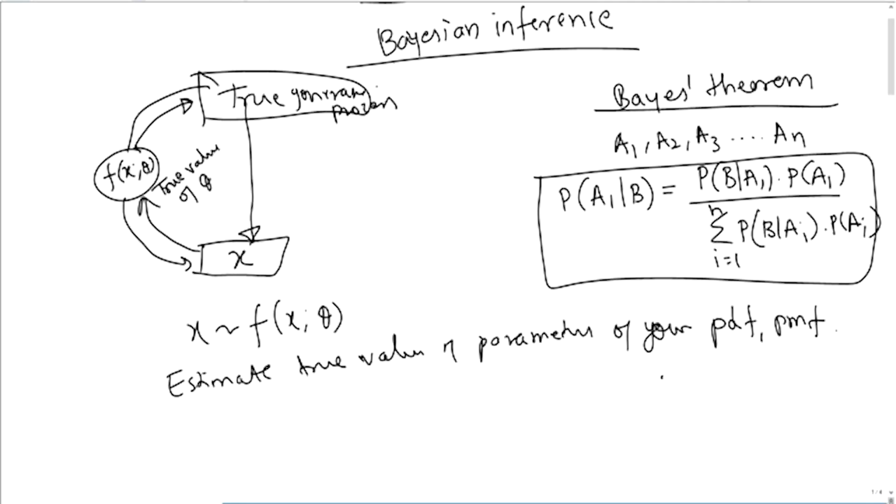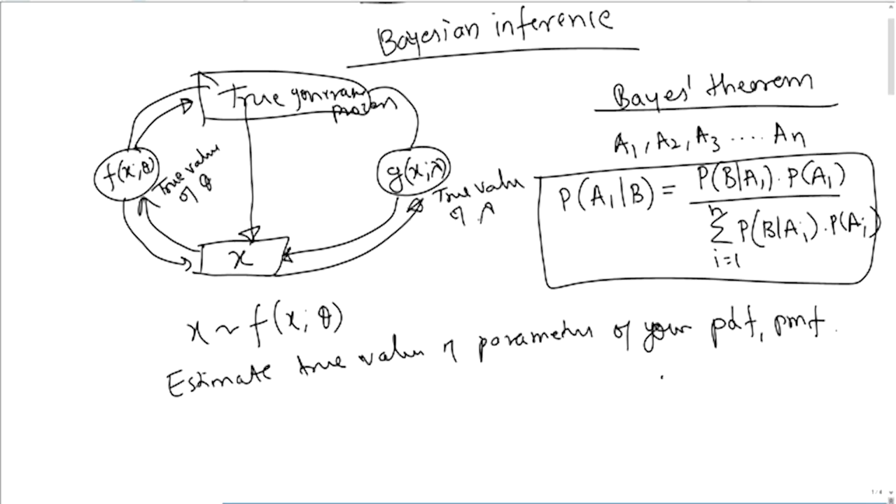Of course, there is a second step in inference. Without that, inference is not complete. Someone else can make a competing assumption that this data comes from g of x lambda. Given the data, you will also estimate the true value of lambda. Let's say the true value of theta is theta hat and the true value of lambda is lambda hat.